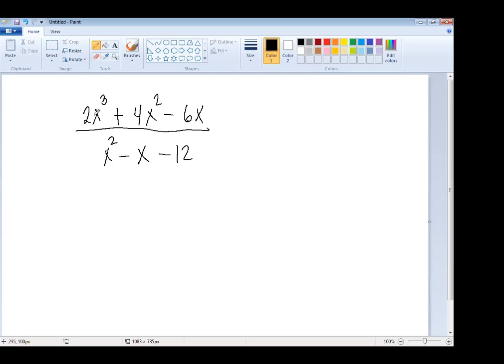Okay, so 2x cubed plus 4x squared minus 6x all over x squared minus x minus 12. Okay, try this one before we go to your classworks. So what will be the answer?